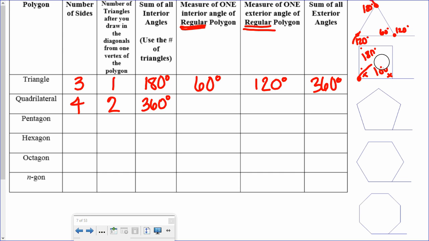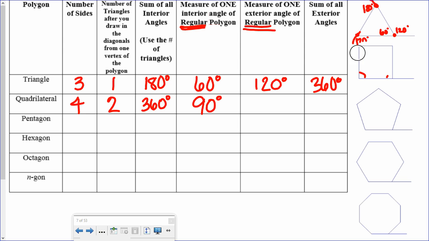So, if I erase this stuff, that means all 4 of these angles are congruent to each other and all four sides are congruent, but we just care about angles right now. So if I know all four of them add up to 360 degrees, then 360 divided by 4 means that if it's regular, the measure of each interior angle is 90 degrees.